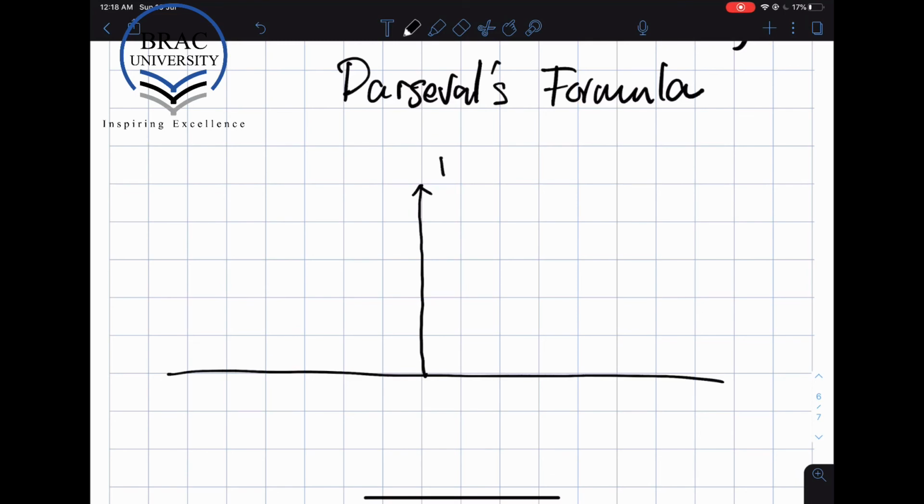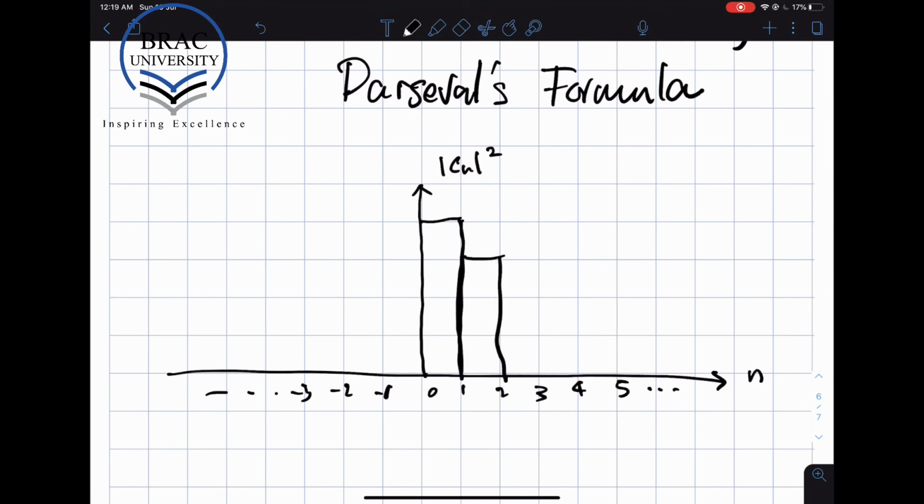Then basically these are the cn squareds, and on the x-axis we have the integer n, and here I have 0, 1, 2, 3, 4, 5, ... Here minus 1, minus 2, minus 3, ... And these are essentially given by these numbers, which give you some sort of skyscrapers.